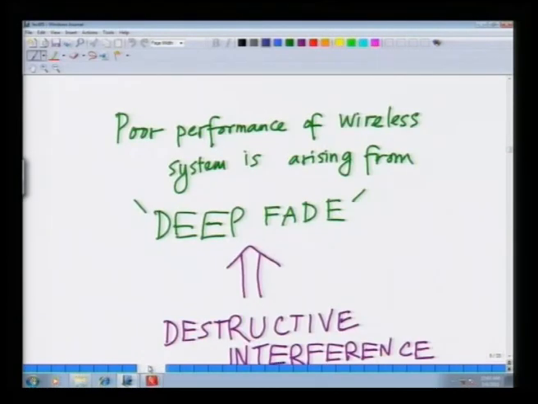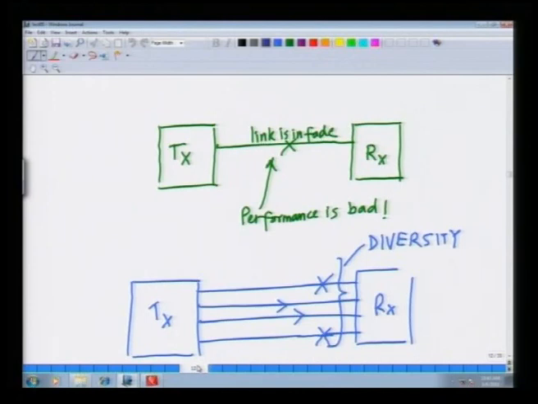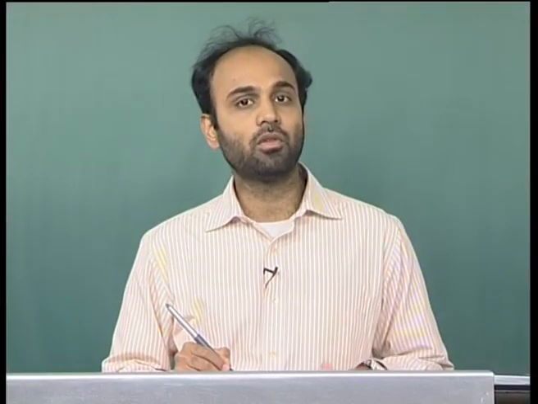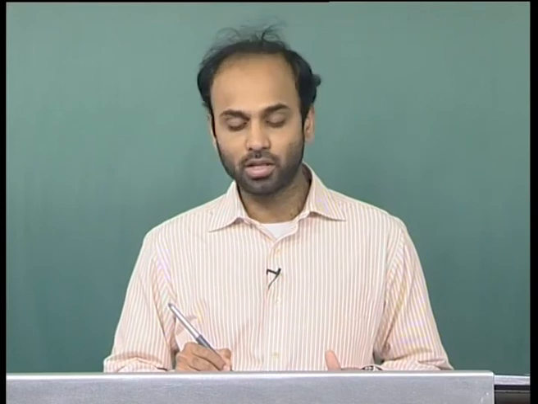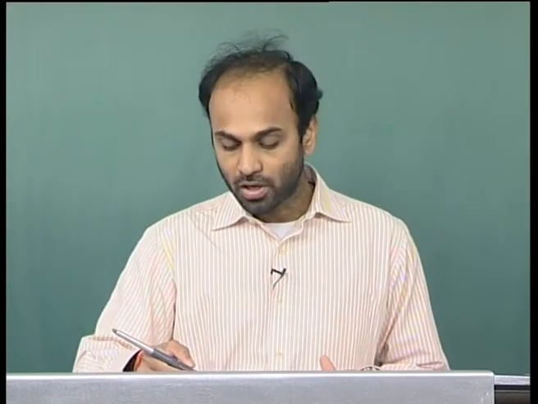So deep fade is nothing but the probability of destructive interference, and we also said we want to tackle this problem. This is a problem that is arising due to fading. We said we want to solve this problem to improve the performance of a wireless communication system, and we realized that the solution is to introduce multiple links.